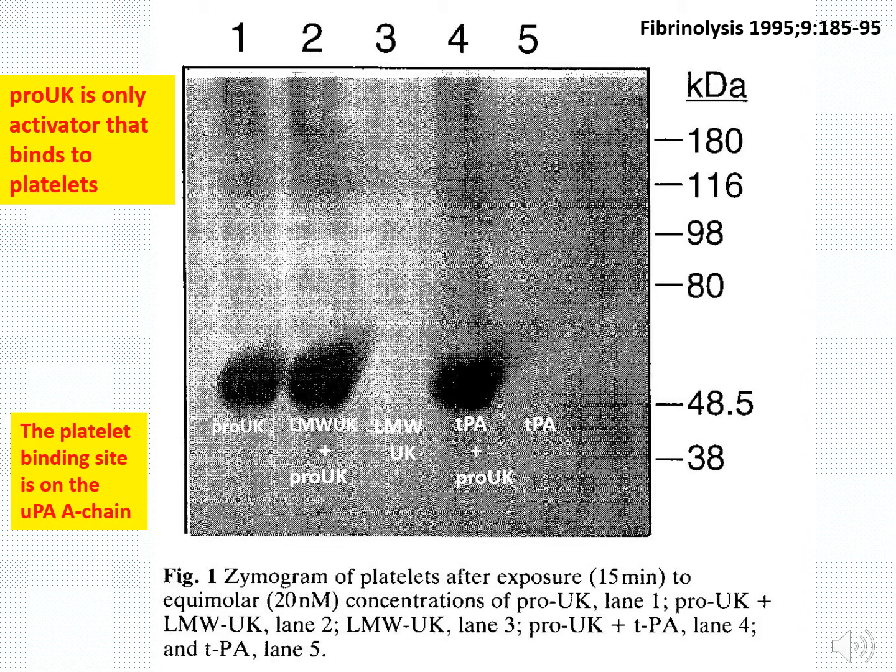TPA plus Pro-UK is taken up. TPA alone is not taken up. This means that the platelet binding site is on the uPA A chain, which is absent in low molecular weight UK and must be unique to Pro-UK, and that Pro-UK is the only activator that binds to platelets. And since this has an important fibrinolytic effect, this is a very useful property.